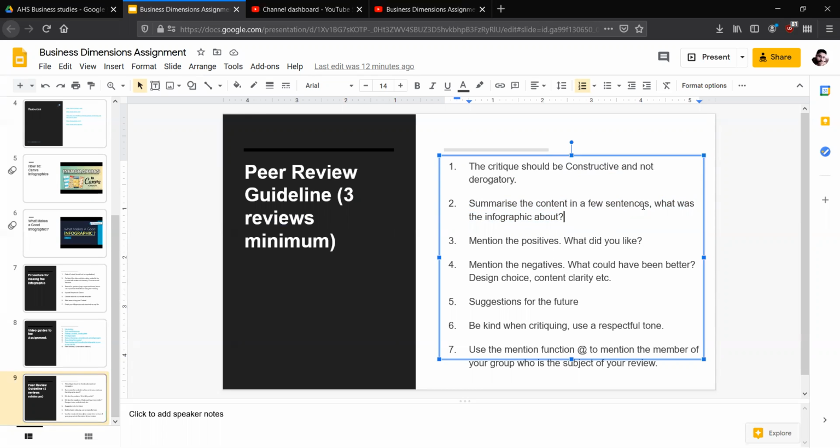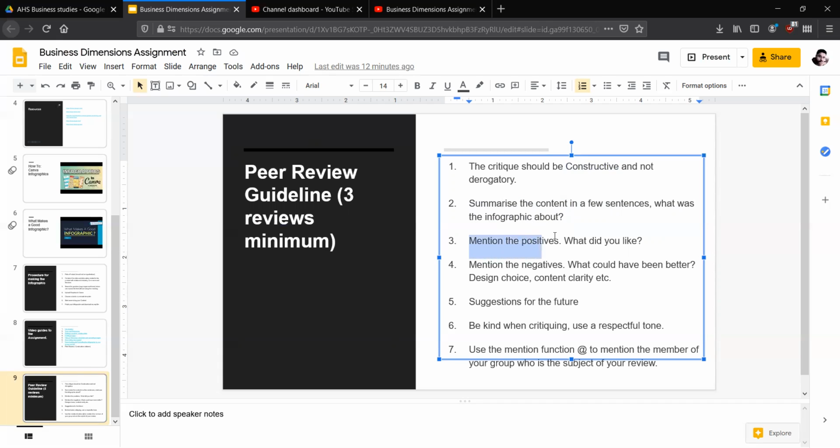So, your infographic about this product, right? And then mention all the industries, commerce, to mention all the dimensions. Make sure you summarize. Don't use too many words here. Okay? What is the essence of the work? In a few sentences, summarize the content.